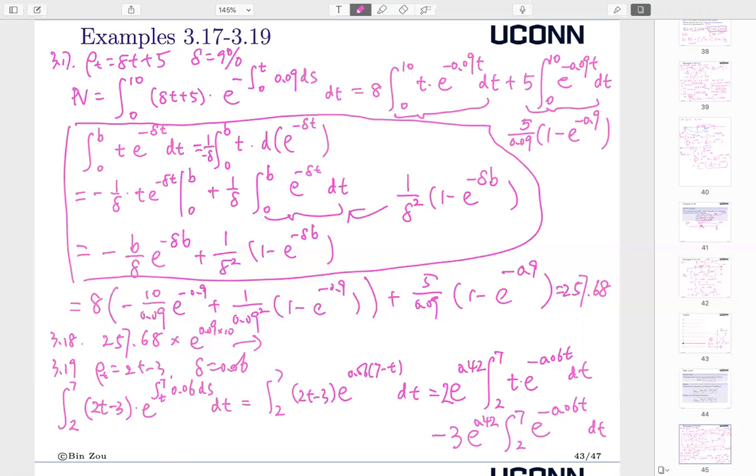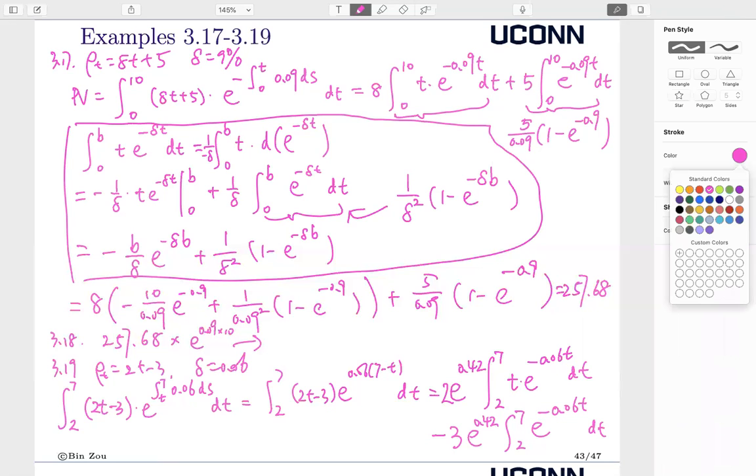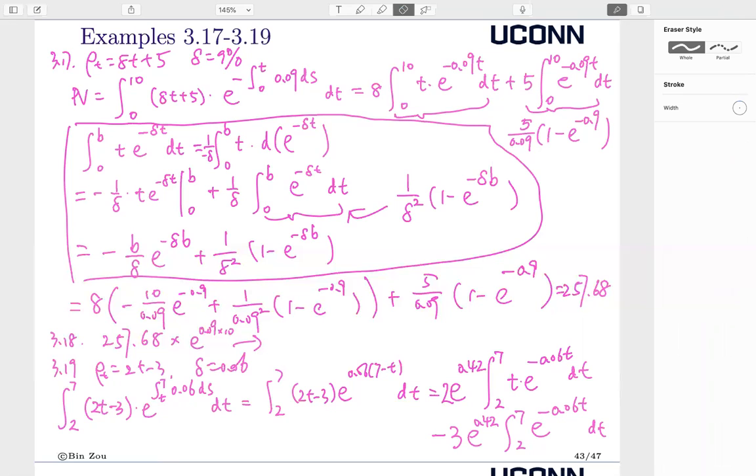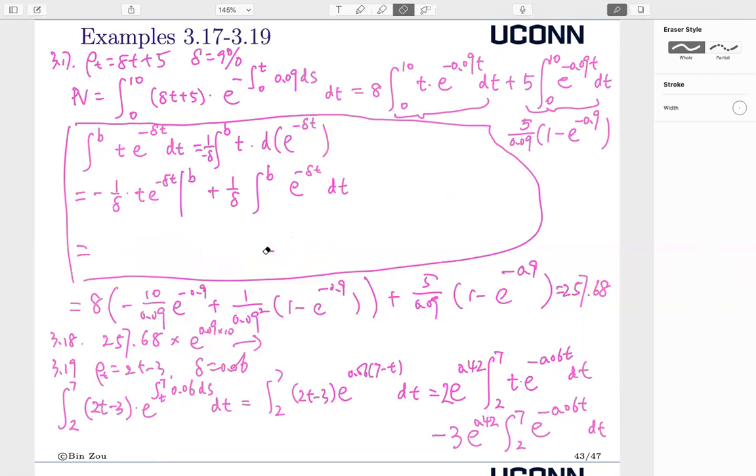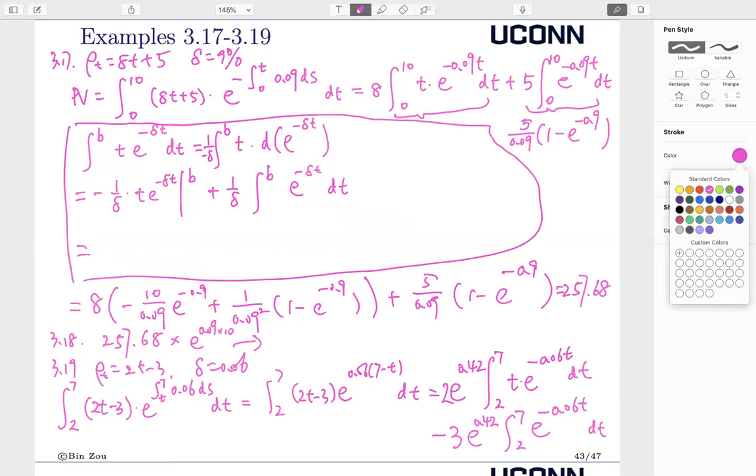But let me change this a little. Let me give you the general formula. I won't go from 0, because sometimes we have more general results, and here we start at 2, not 0. So let me erase everything. Let's use pink again.